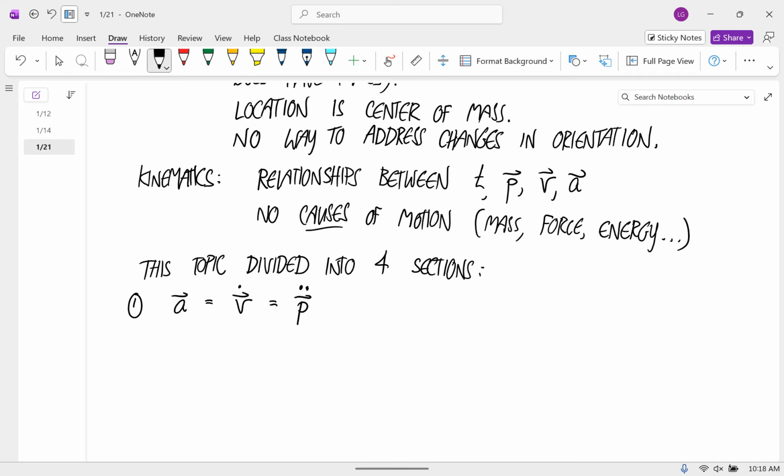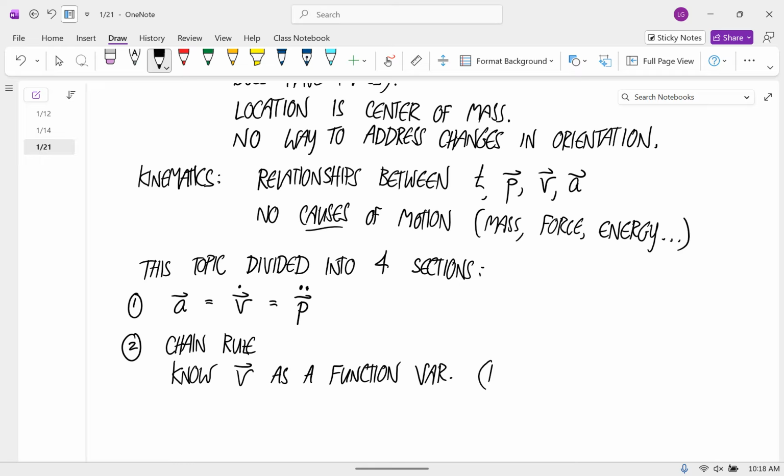Then the second one is using the chain rule, and we'll do this when we know the velocity vector as a function of a position variable rather than time.